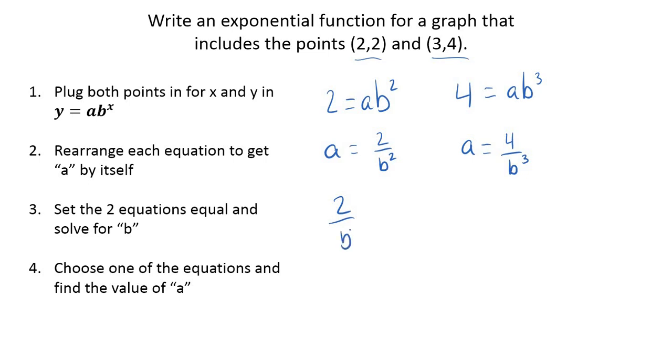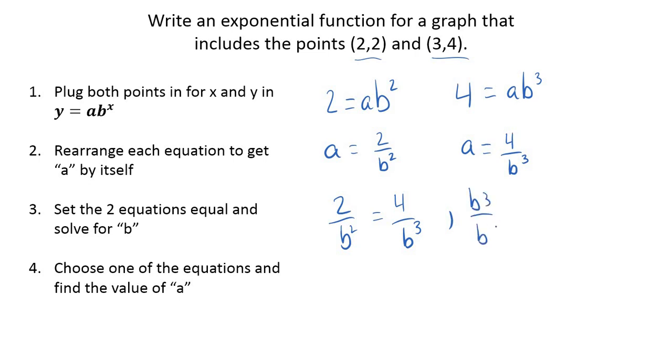So 2 over b squared equals 4 over b cubed. Or basically we're saying a equals a. Now let's rearrange this. This is where algebra skills come in. And so let's cross multiply maybe. In fact, let's just do this. Let's multiply b cubed up here and divide our 2 over. I think you'll be able to see what I do here.